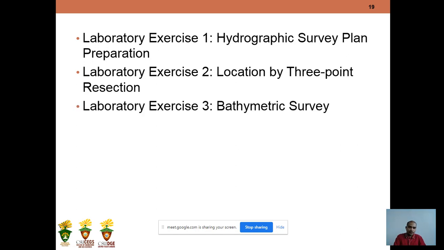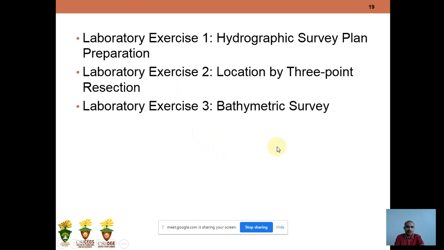And laboratory exercise 3 is all about bathymetric survey. So we need to have a certain location where we can execute this laboratory exercise, a certain water body, and then we need to have a survey of that water body.